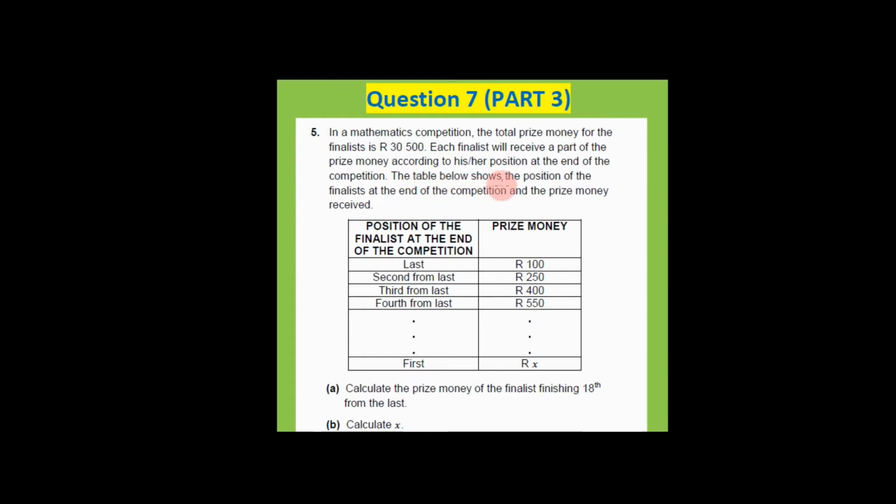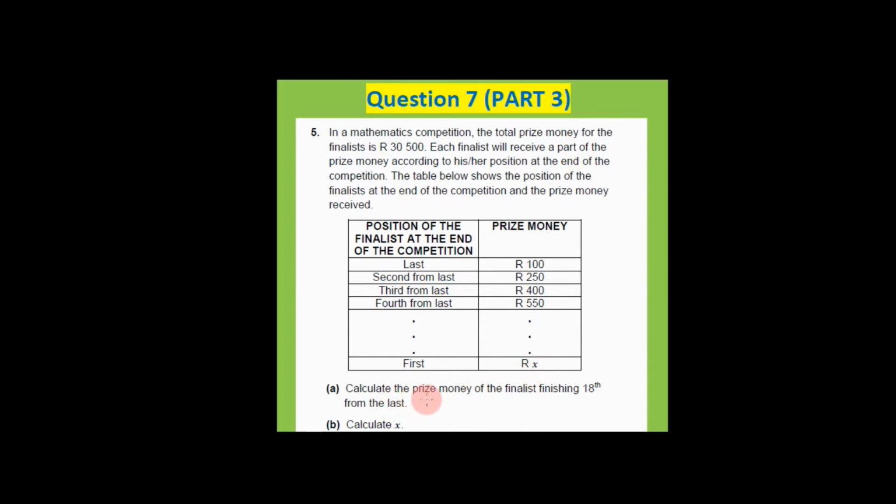The table below shows the position of the finalist at the end of the competition and the prize money received. For example, the last person will get 100 Rand, the second last will get 250 Rand, the third from last will get 400 Rand, etc. And the first person, or the person who comes first, will get X Rand.